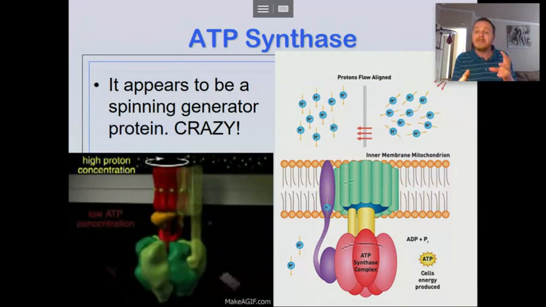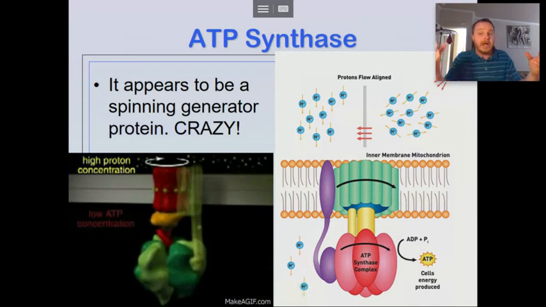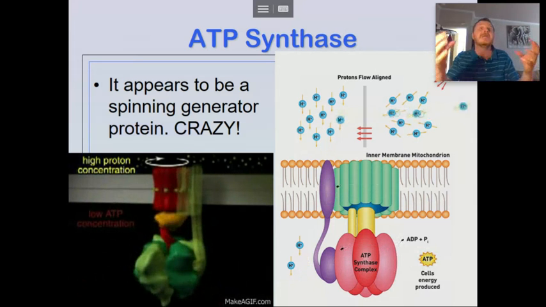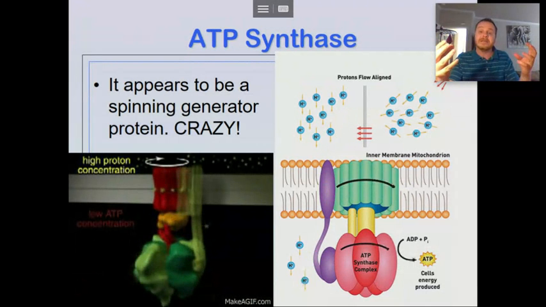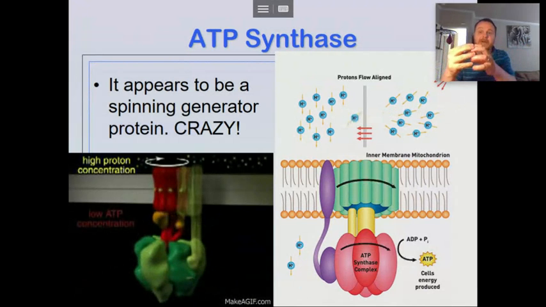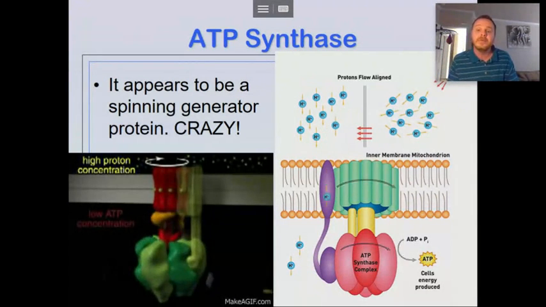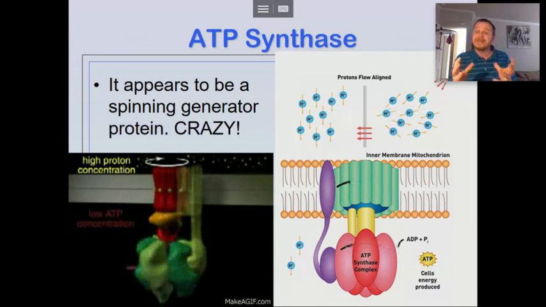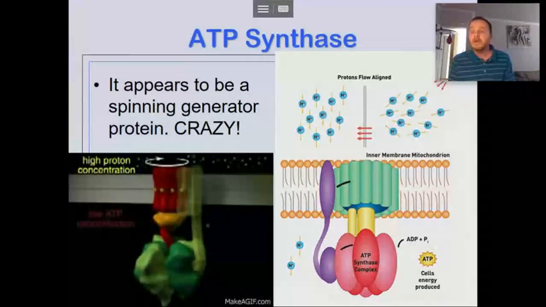And that allows it then to easily take a free-floating phosphate and tie it to ADP, an adenosine diphosphate, something that has two phosphates. As this enzyme takes another shape, it easily puts that single phosphate onto the ADP, and now I've got ATP, generating lots of energy to do it. And again, this is as best science can tell at this point. This is kind of how we think this is working.